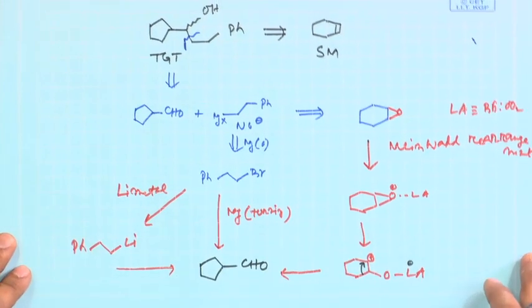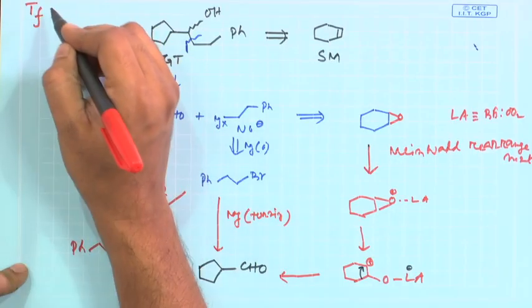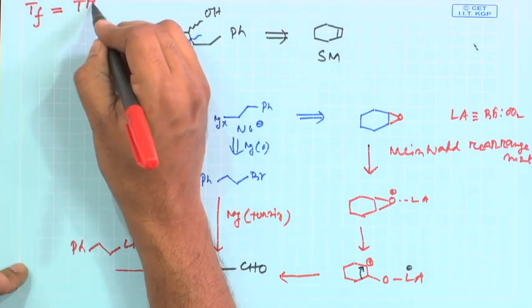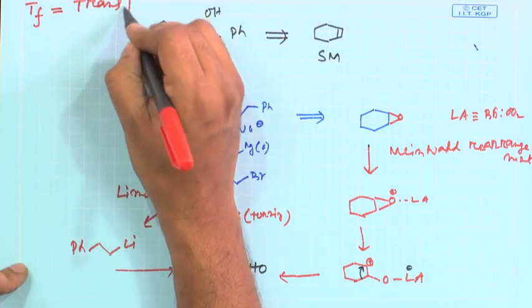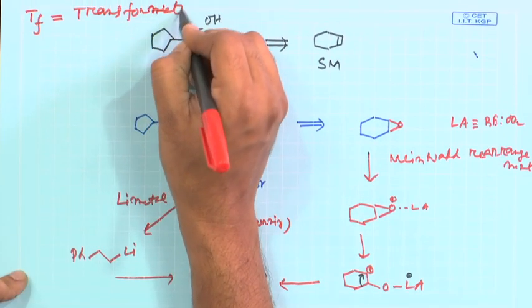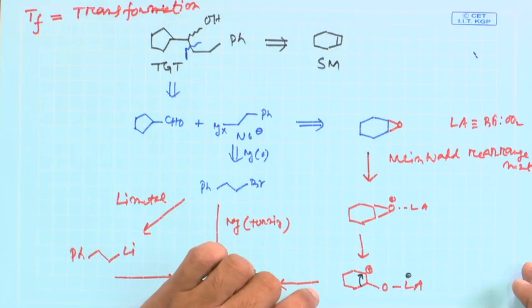So this kind of retro, you can fit in the category of a transformation-based retro. The main transformation we have talked about here is the Meinwald rearrangement, which is a synthetically very useful reaction when you have an epoxide and treat it with a Lewis acid. Here we have taken a symmetrical epoxide.